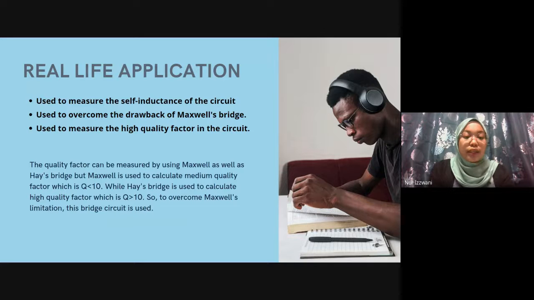The quality factor can be measured by using Maxwell as well as Hay Bridge, but Maxwell is used to calculate medium quality factor, which is Q less than 10, while Hay Bridge is used to calculate high quality factor, which is Q more than 10. So, to overcome Maxwell's limitation, the Hay Bridge circuit is used.